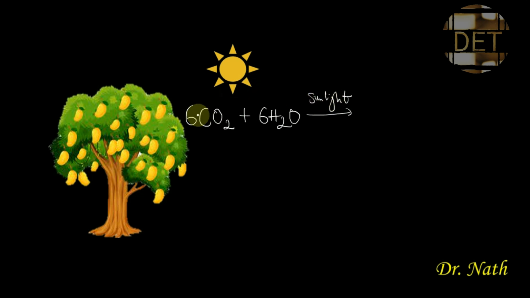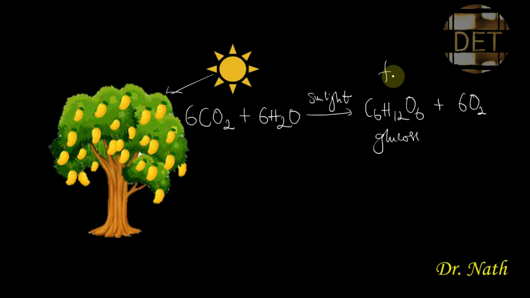That will result in the production of glucose, which is C6H12O6, and 6 molecules of oxygen will be given out as a byproduct. This glucose that is produced is the food of the plant.